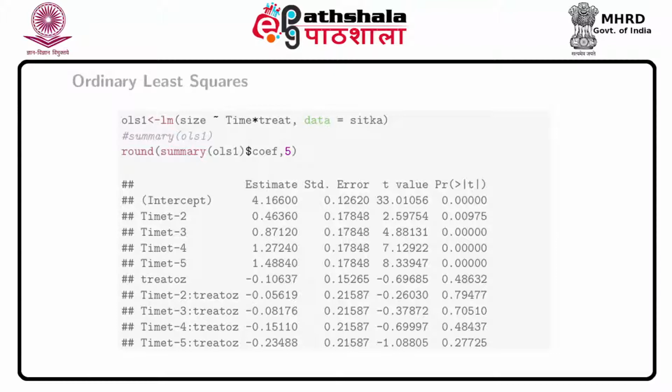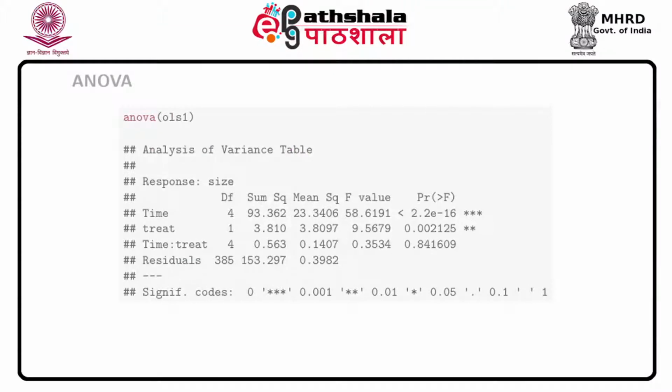So it says that there is basically no difference between the control group and the ozone group. Only thing is that for ozone all the coefficients are negative, though not significant. So if we run an analysis of variance table, we can find that same thing: time into treatment, there is no effect.